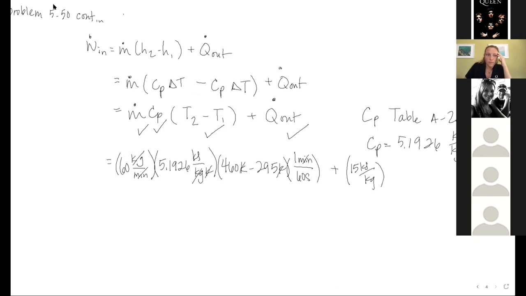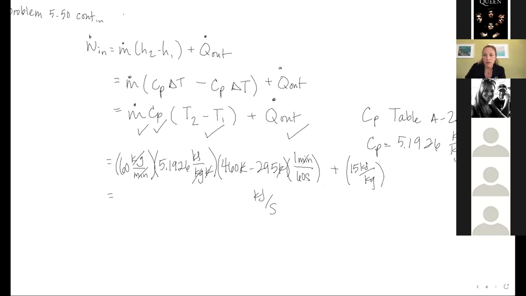So when we're looking at this Q out term, we're left with units of kilojoules per second, and we're trying to add that with kilojoules per kilogram. So we need to figure out how many kilograms are being treated during this compression process.